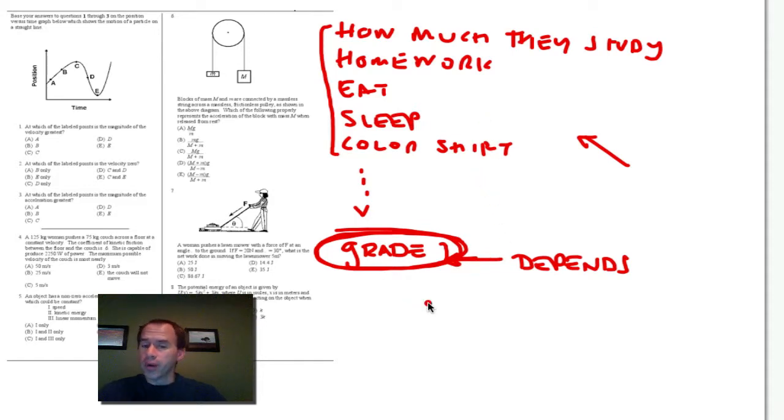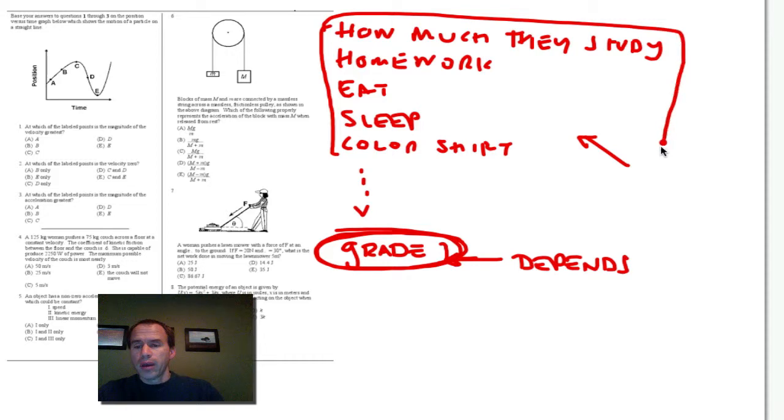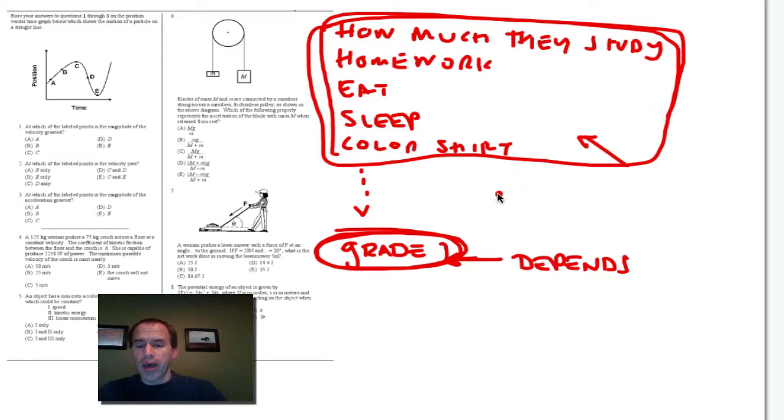Some people are going to do well and some are not, but in the end we're not going to be able to tell what affected the grade on the test because we changed so many things. So when we do any kind of lab in science, we need to pick just one of these things up at the top. We want to choose one of these to change and see how that one thing affects their grade.